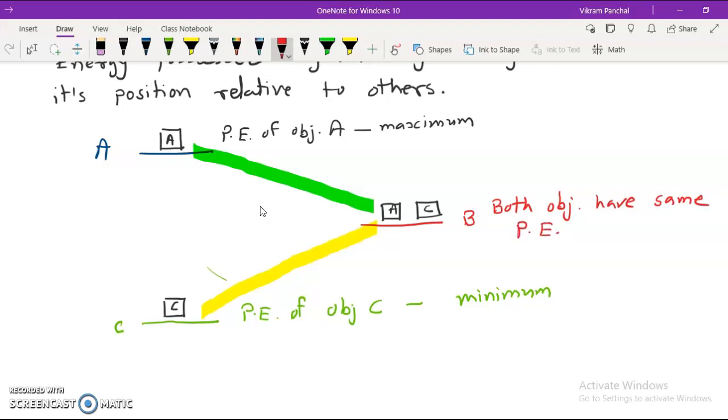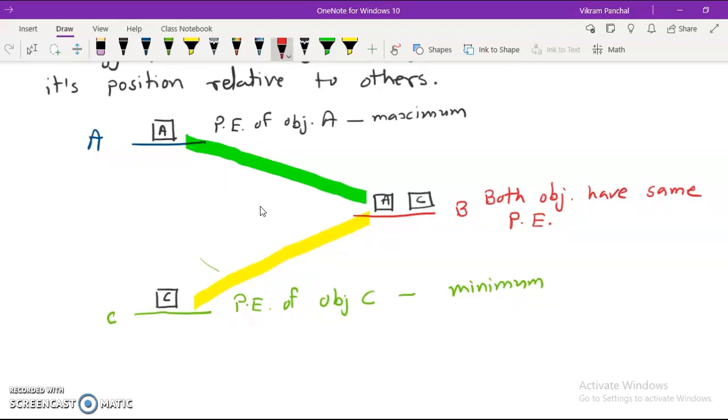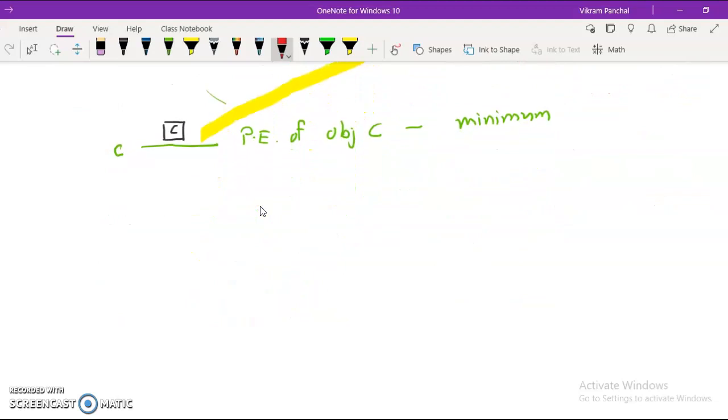Why? Because potential energy is related to the position of a substance or an object. So objects A and C are at the same level with reference to the ground level. So we can say that both these objects are having the same potential energy. Therefore, potential energy becomes a state function.